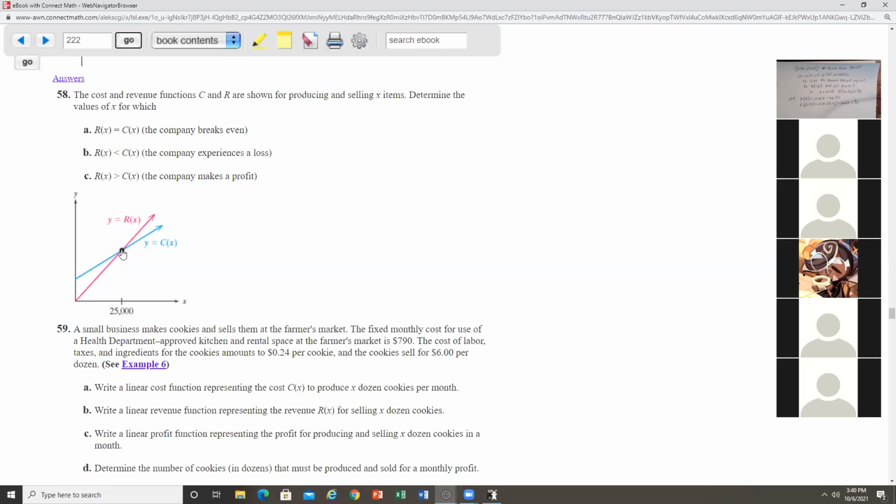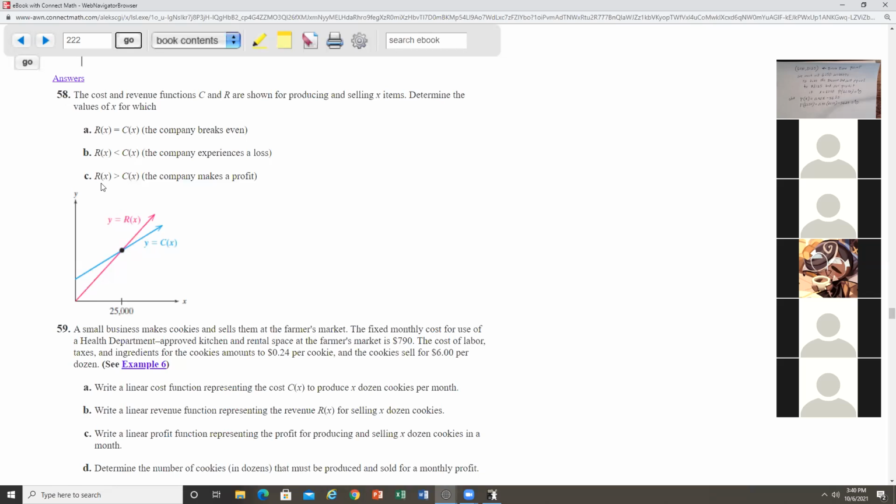That's a bad thing because that means your revenue is less than your cost. So do you agree if we manufacture less than 25,000 widgets, we're going to lose money? Our revenue is going to be less than our cost. Isn't that true?